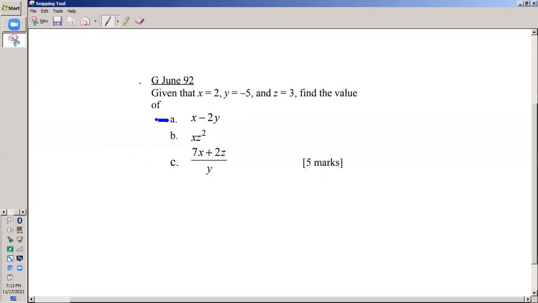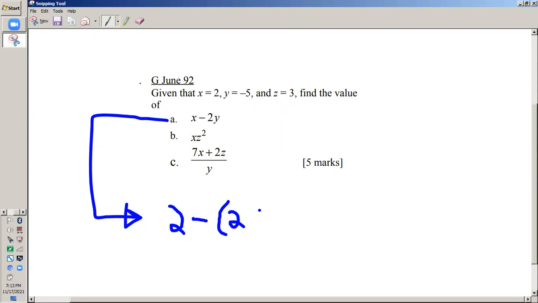So you replace x with 2, subtract 2 times y, but what is y? -5. Everybody see that?